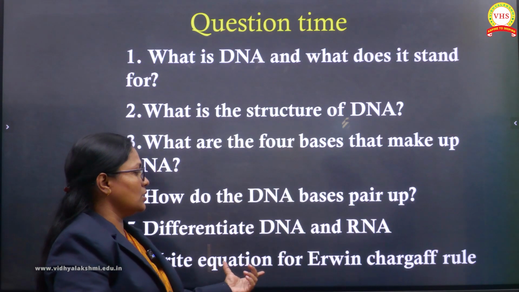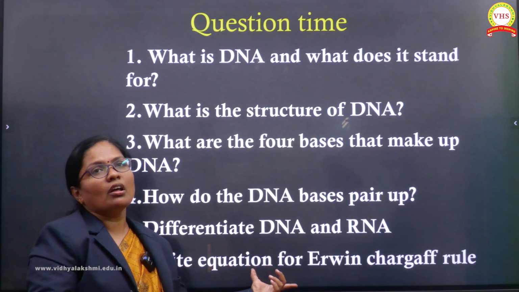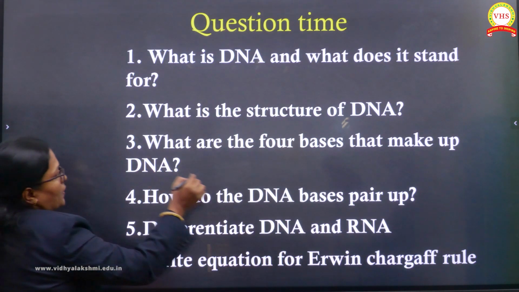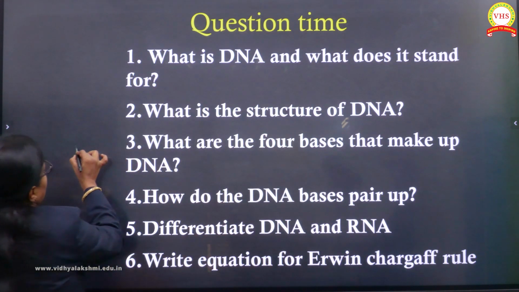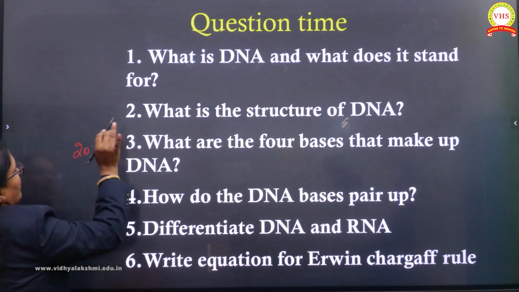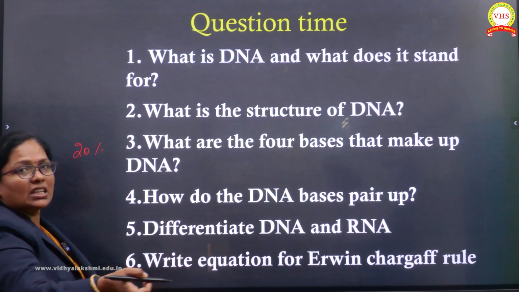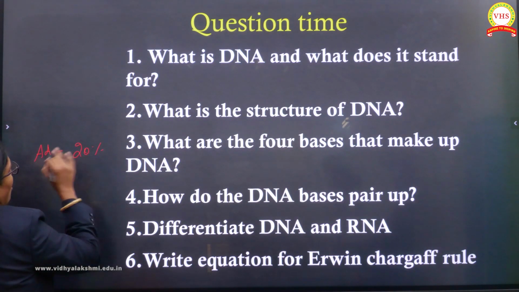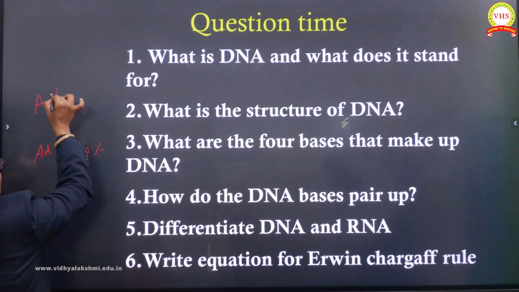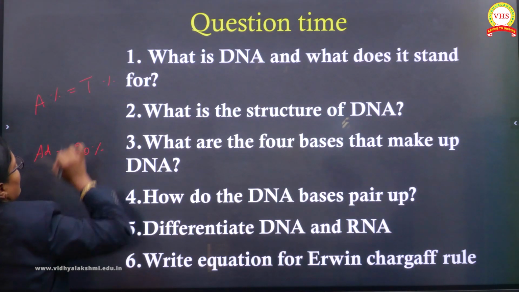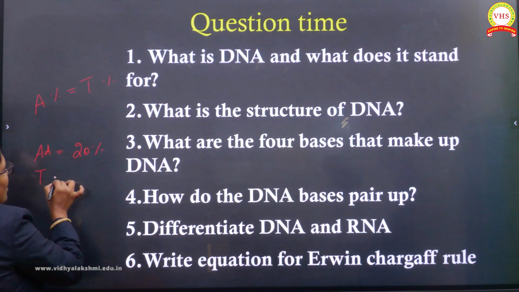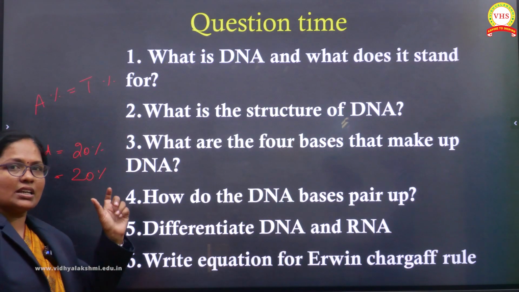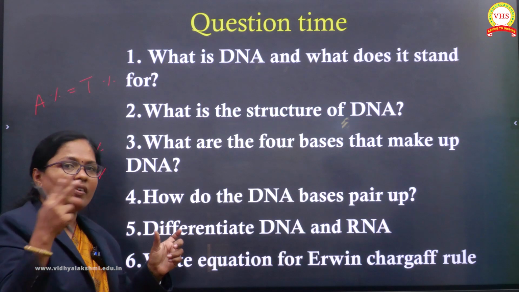Usually we get questions from this. In the board exam, we'll usually get questions like, if adenine is 20%, what is the percentage proportion of cytosine? If adenine is 20%, A percentage is always equal to T percentage, so thymine will also be 20%, because if A is there in one strand, T will pair up with it.